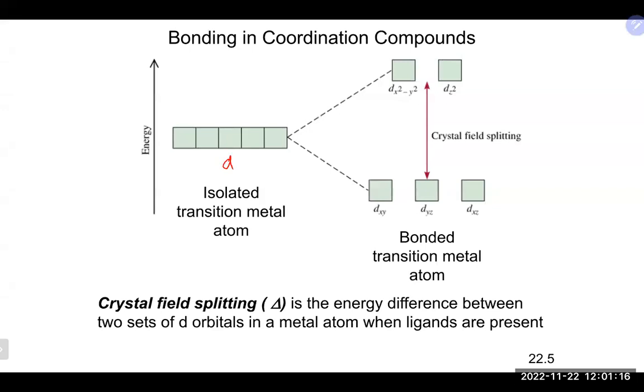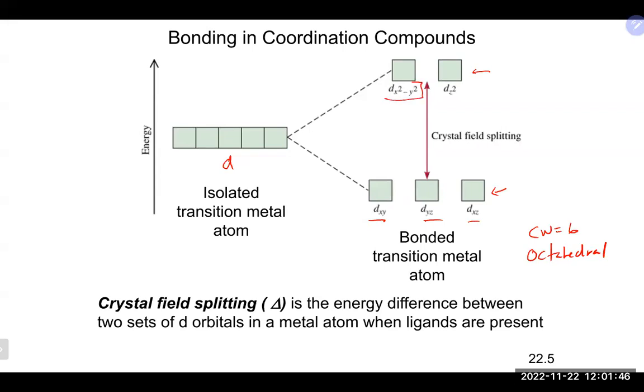When we do start to get ligands attached, there's a separation of the 5 different d orbitals. This is an example of a coordination number of 6, an octahedral geometry, and what happens is the xy, yz, and xz orbitals go lower in energy.